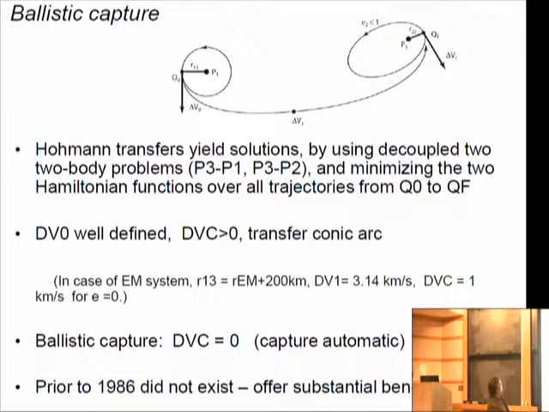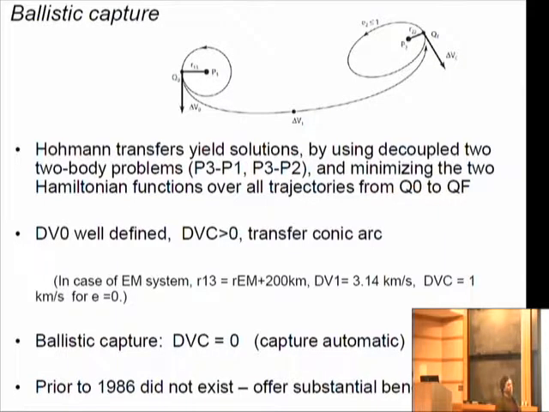You forget about the Moon, you have a two-body problem between your spacecraft and the Earth, and that's going to give you one Hamiltonian, and then when you arrive at the Moon, you have another Hamiltonian between the spacecraft and the Moon, and then what you want to do is minimize the energy of both those Hamiltonians under all possible paths to the Moon, and what you end up getting is conic sections, like an ellipse. But then you have this problem here of a large overflight velocity, DVC, the delta V of capture, and it's quite, like I mentioned, quite large.